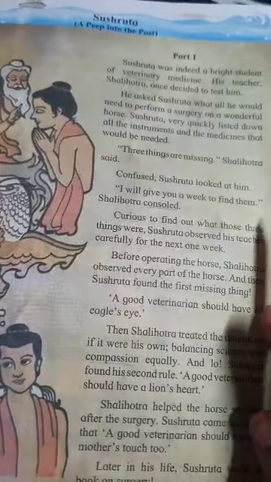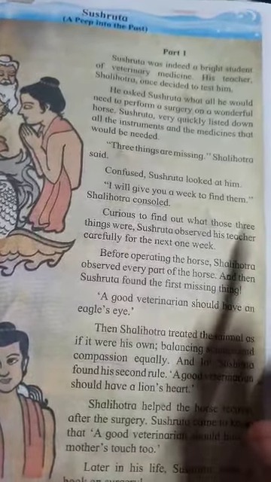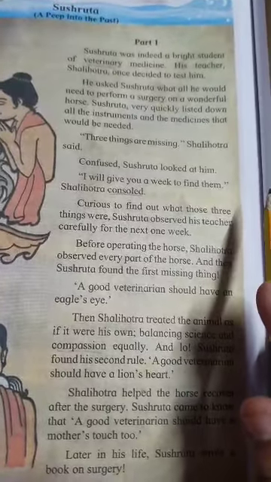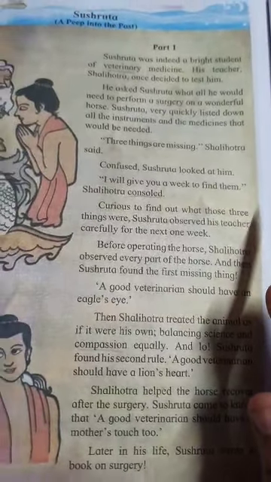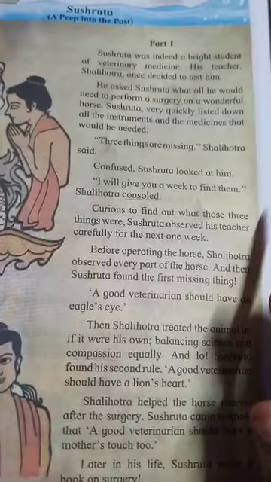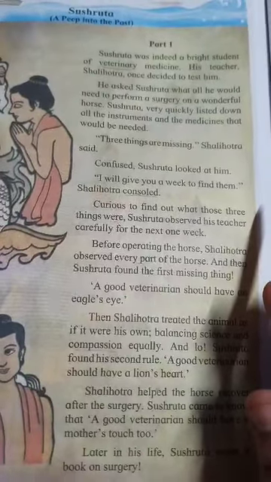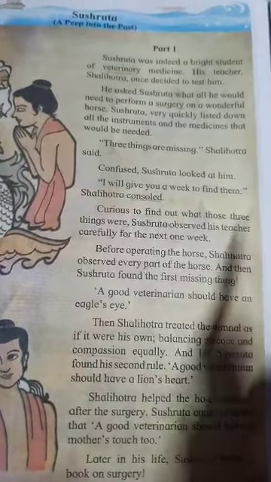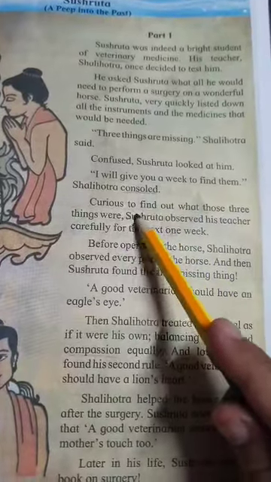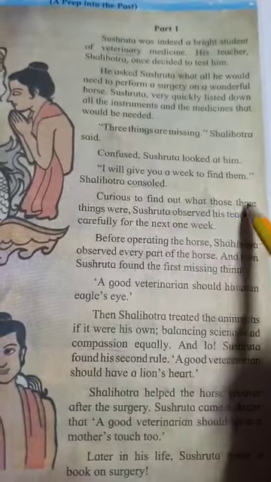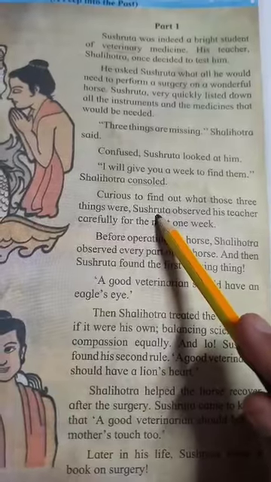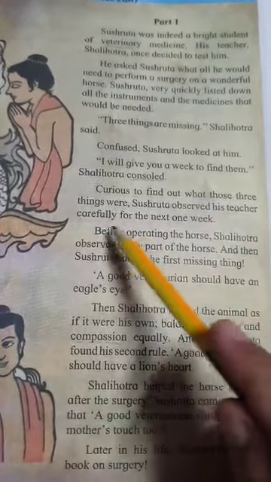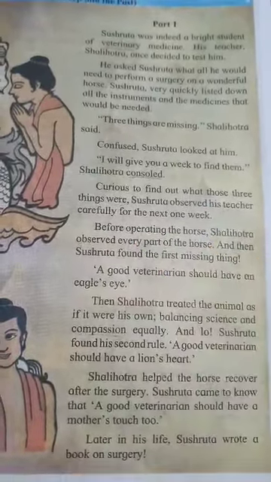What did the teacher say to the student? I will give you one week to find out what is missing in this list. Curiously, to find out what those three things were, Sushruta observed his teacher carefully for the next one week.